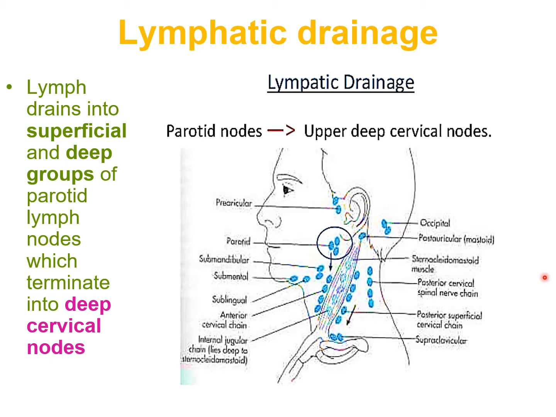The superficial set of lymph nodes drains the external acoustic meatus, the auricle or the pinna, the scalp, eyelids and lacrimal gland in addition to the parotid gland. The deeper set of lymph nodes also drain other structures in addition to parotid gland, and those are the external acoustic meatus, the soft palate, the middle ear and the nasopharynx.